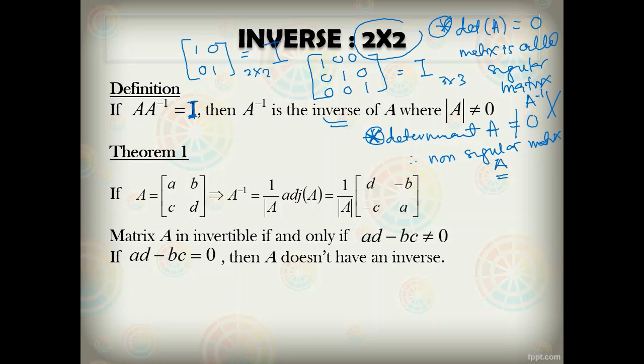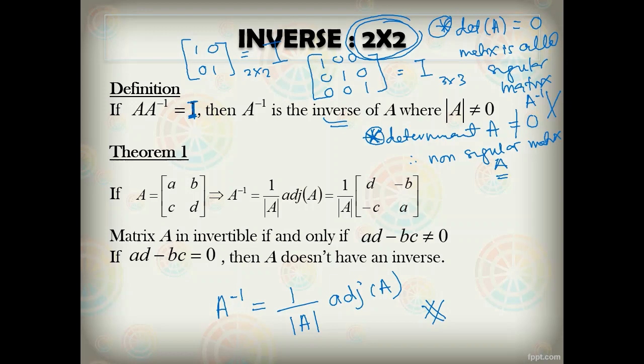The inverse for a matrix, regardless of its order, whether it is 2 by 2 or 3 by 3, is the same. So the inverse of matrix A or any matrix B, C, D, and E and so on, the formula is 1 over the determinant of matrix A times the adjoint of matrix A. To find the inverse, you just hold to this formula.